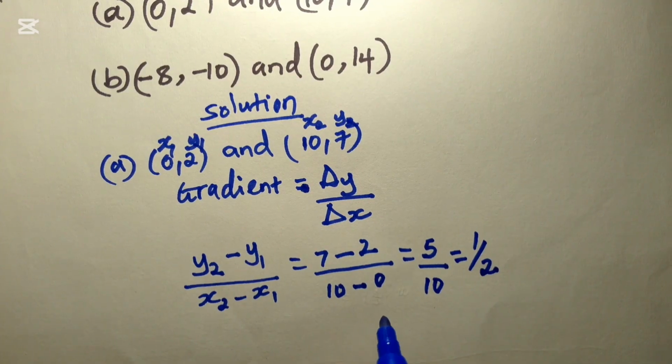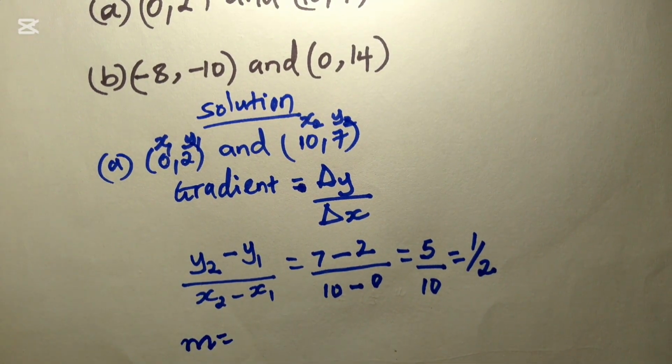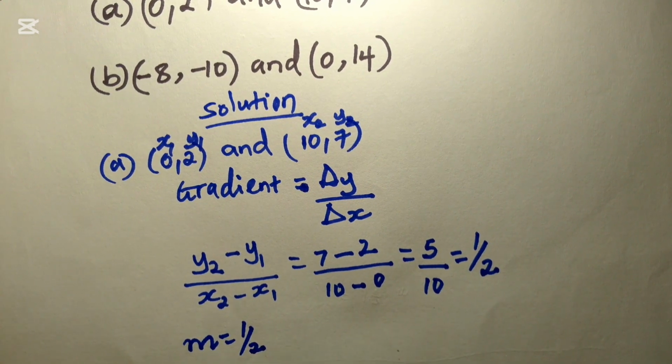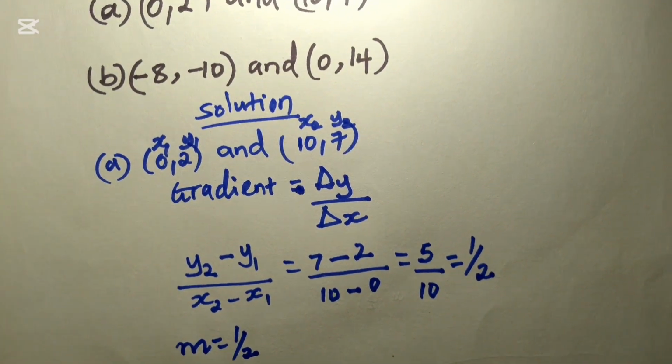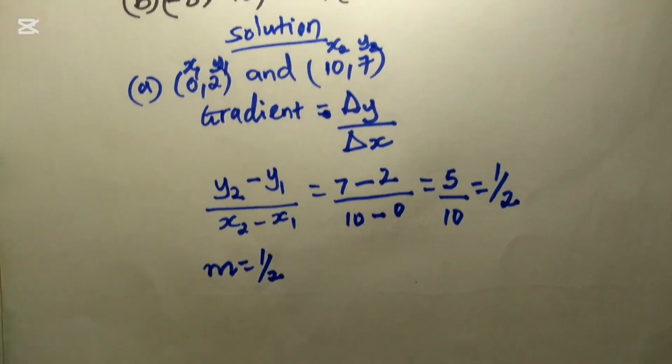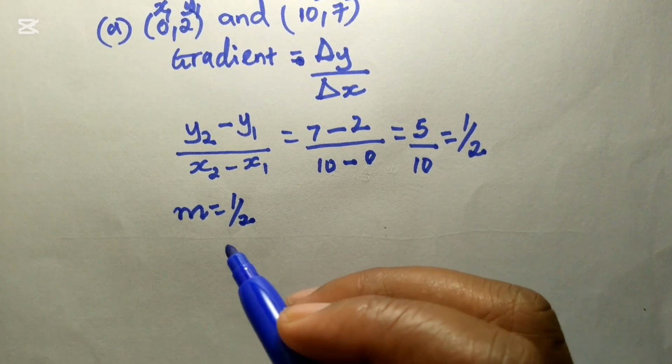So that is the gradient. The gradient m is equal to 1 over 2. Now from there we can get the equation of this straight line, which has the gradient 1 over 2.